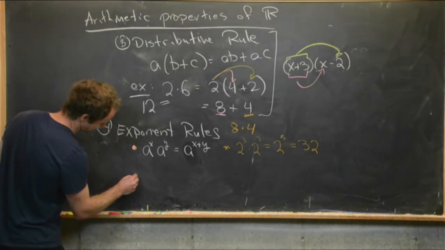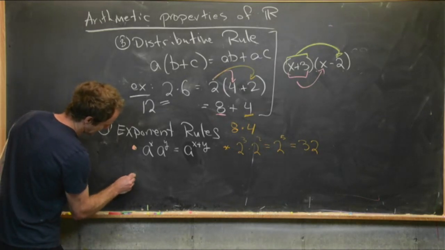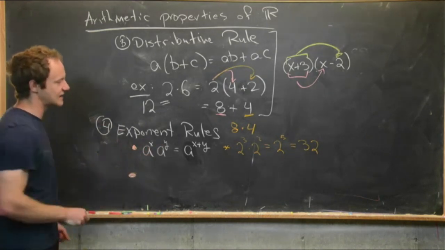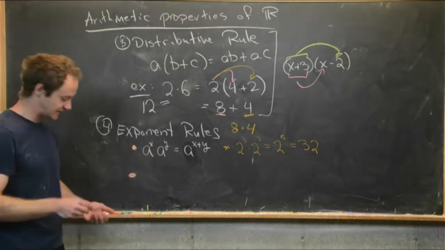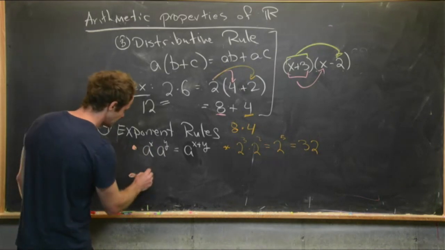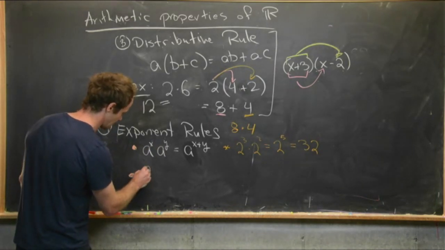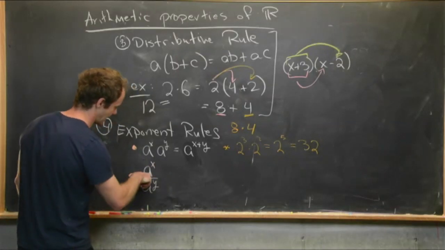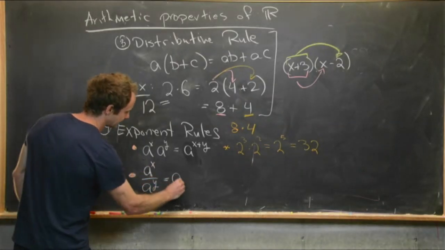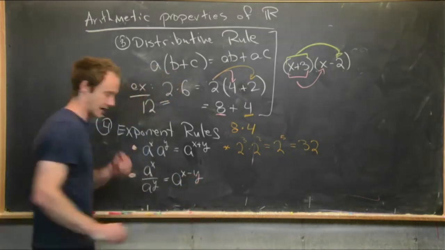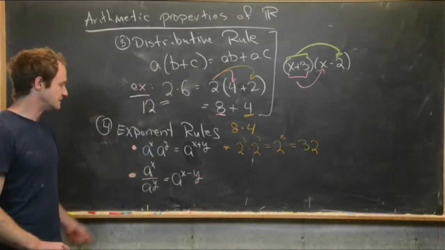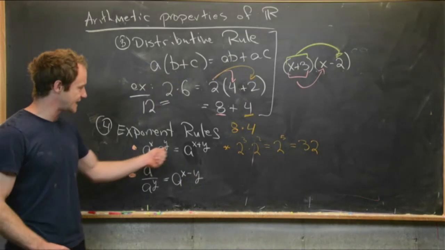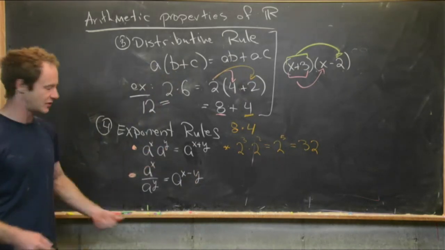Our second exponent rule would be the companion of this, which would be division. So if we have a to the x divided by a to the y, that's going to give us a to the x minus y. So multiplication turns into addition in the exponents.